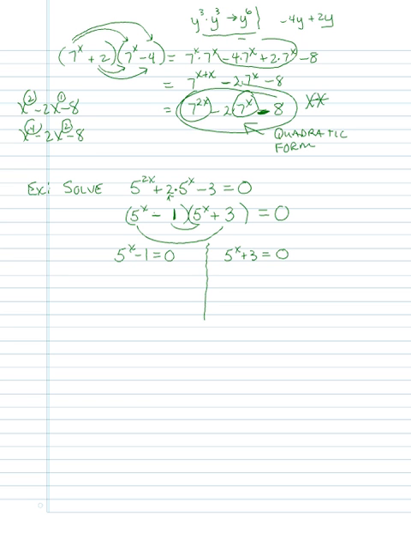And the way we would approach this is we would need to isolate the exponential part. So in this case, we would add 1 to both sides, and we would have 5 to the power x equal 1. And then we could take the natural log or the logarithm of both sides, as we have been doing, and that would allow us to bring the exponent down, wouldn't it?